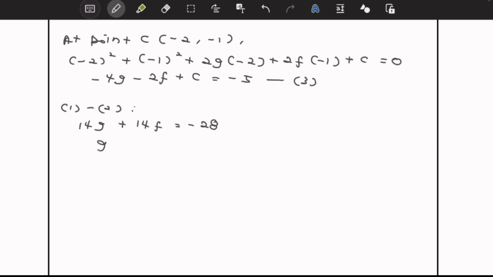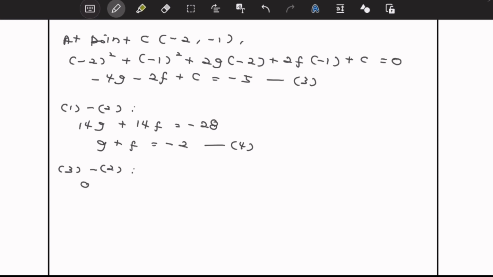Simplify a bit, we will get g + f = -2. Let's name it as equation 4. For the next step, let's do equation 3 minus equation 2.